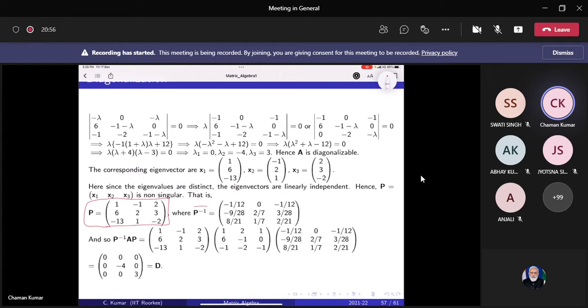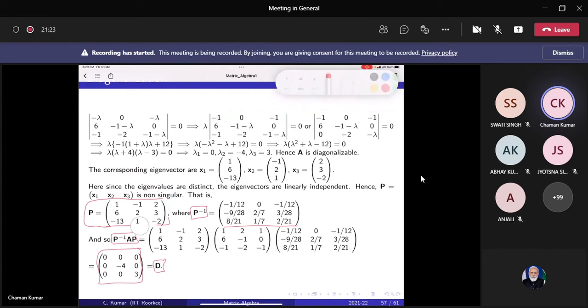So P inverse will exist. You know how to calculate P inverse. When you calculate P inverse, it will come out to be this. Then you can check P inverse AP. This product will come out to be D, and this D is the diagonal matrix, this one.